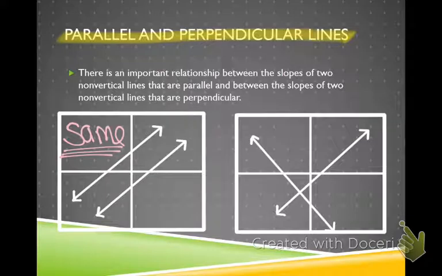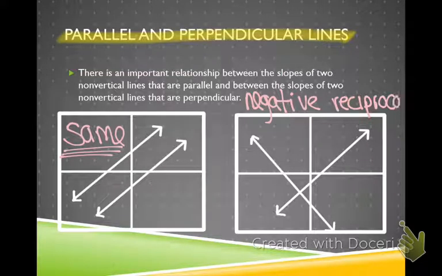All right? For the perpendicular lines, the slope is the negative reciprocal. Guys, remember that word reciprocal? What's a reciprocal? Anybody remember? So let's say 3/4.